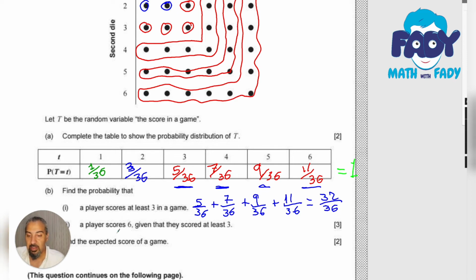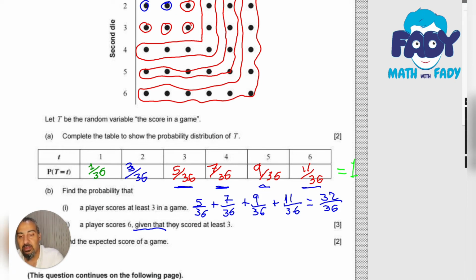A player scores 6 given that, and this is the conditional probability, given that they scored at least 3. You may use the formula in the formula booklet, but we can also check this.